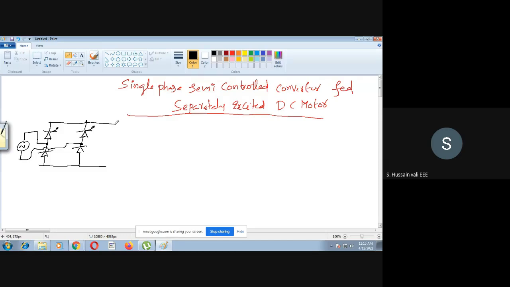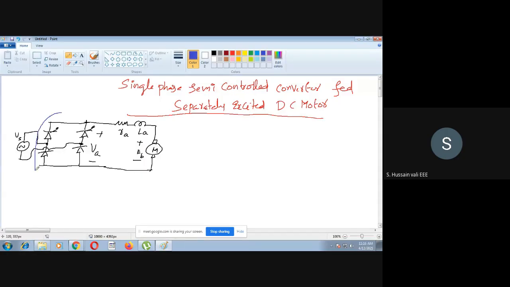See, this was the circuit diagram. Okay, so see, this was the circuit diagram. That is, this one, this one.